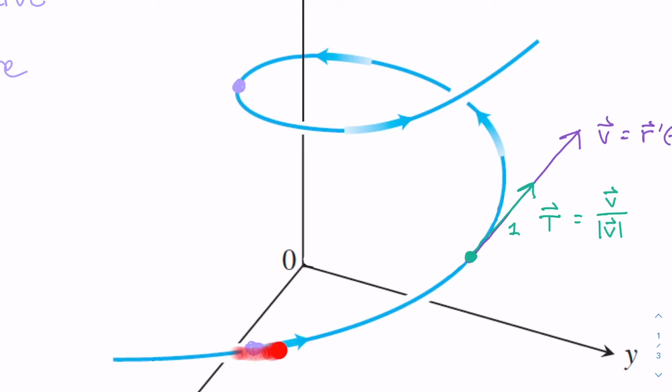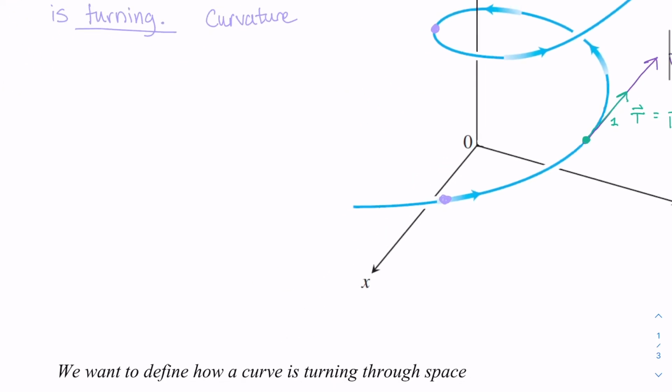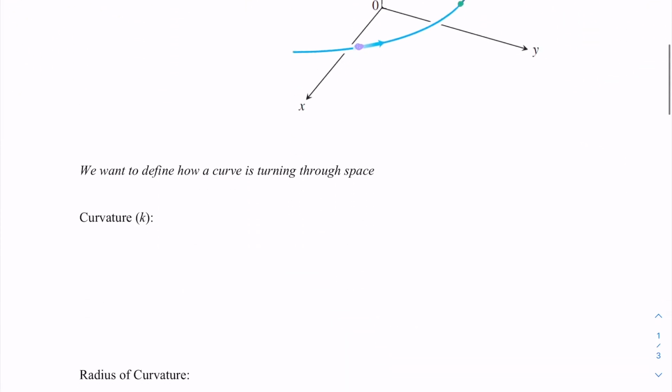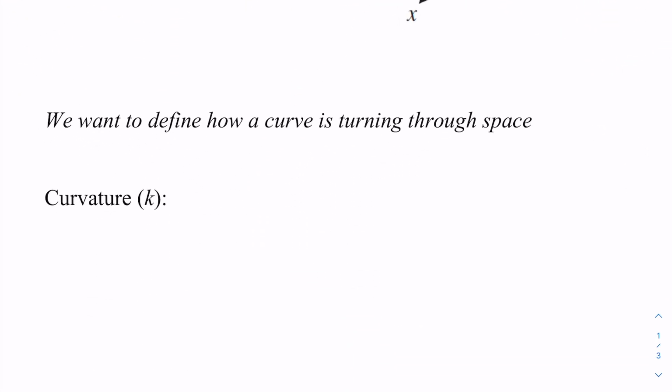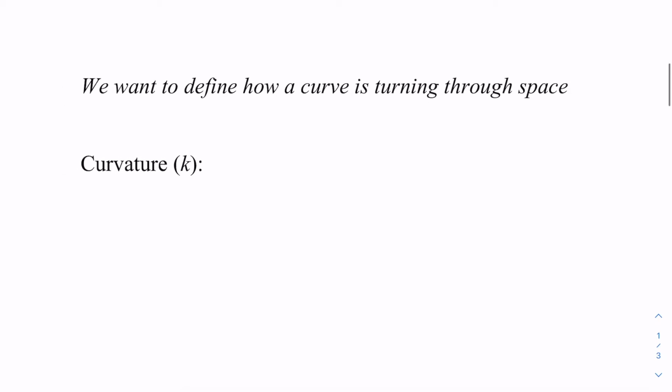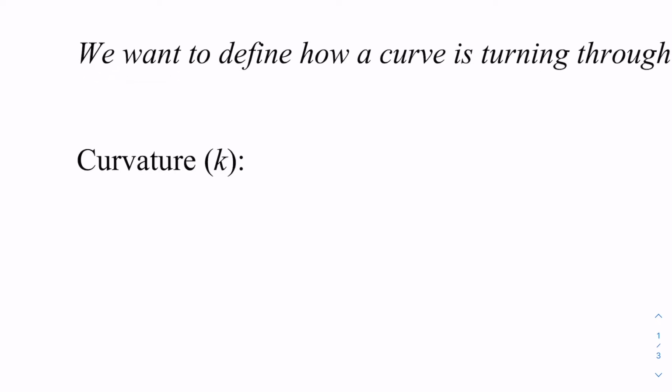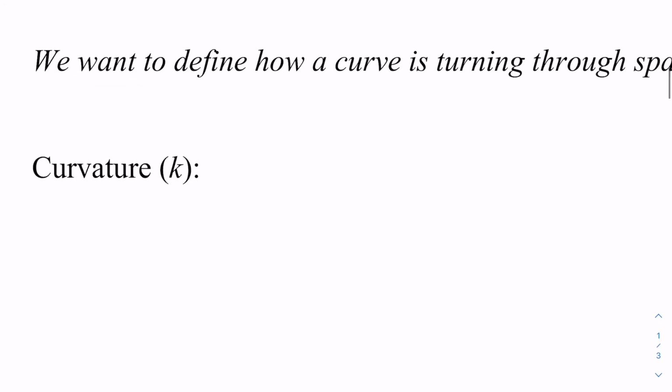And so we have a value that quantifies curvature. When we're trying to define how a curve is turning through space, the first thing we'll look at is the curvature, and we call that kappa. Typically the symbol we use to denote curvature is this kappa letter.